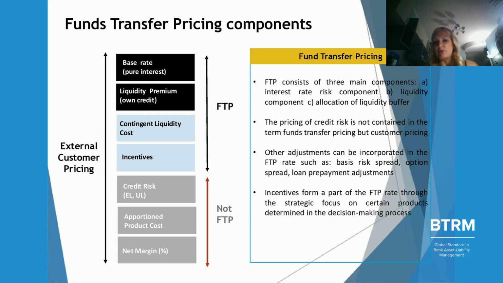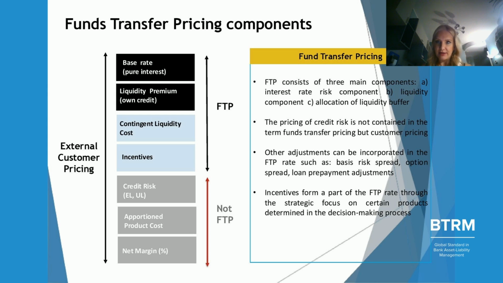Given that I'm here, I also would like to mention some building blocks of the FTP rate, what exactly FTP is and what is not FTP, because the price of the product is obviously not all FTP. We call FTP the cost of ILM risk. I call it cost of ILM risk, because you have at least two building blocks.